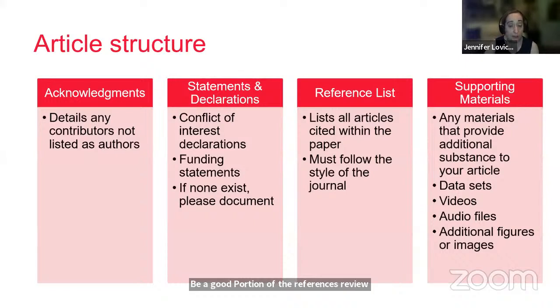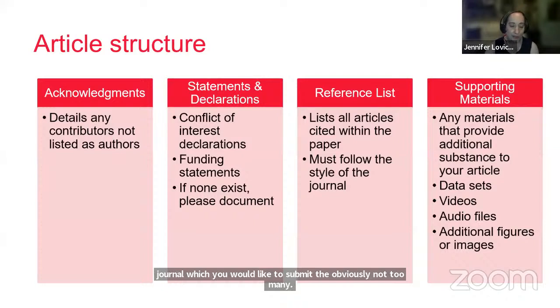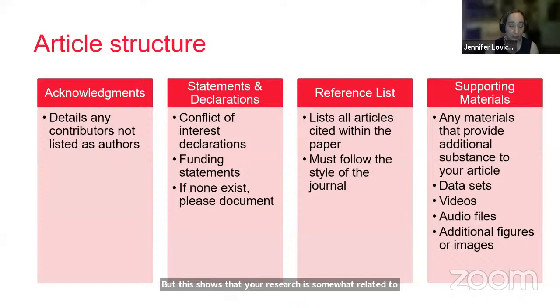Reviewers get concerned if there aren't recent references, especially when they do exist. It is good to reference other papers published in the journal which you would like to submit to, though obviously not too many, but this shows that your research is somewhat related to that journal's aims and scope. However, it is not compulsory and will not necessarily increase the chances of your article being published.